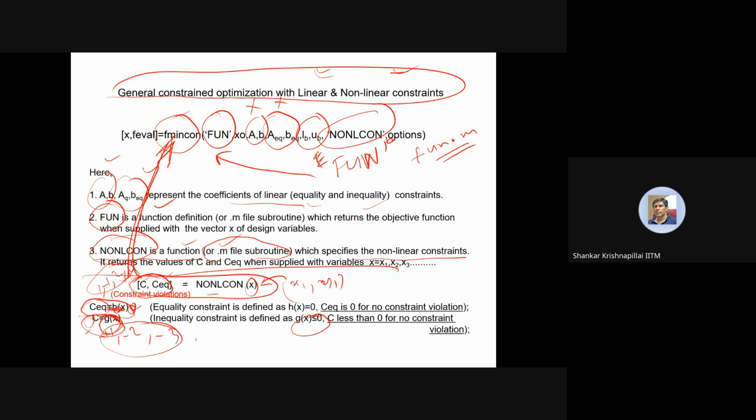If C returns values like 2, 3, 4, etc., those are positive values, and when this value is returned to the main calling program, it will know that the inequality constraint is violated. So by checking the value of C and C equality, the main program will know whether the nonlinear constraints are violated or not.